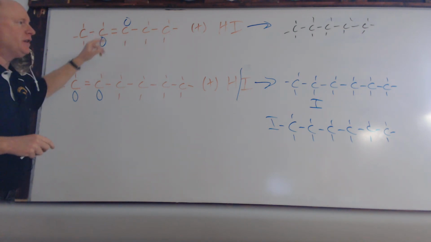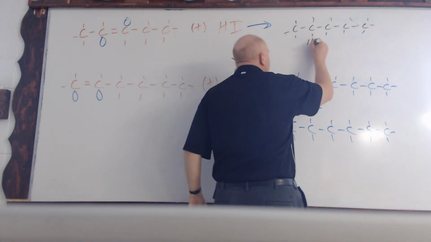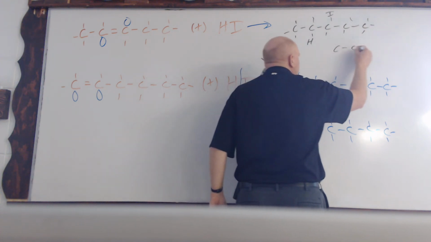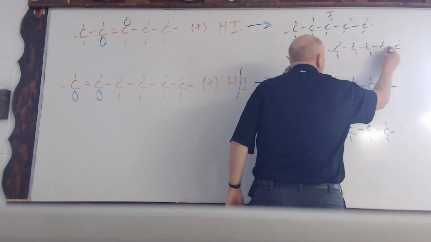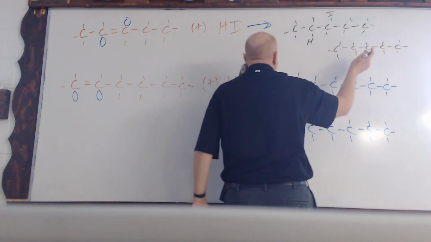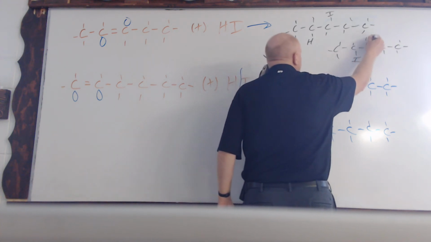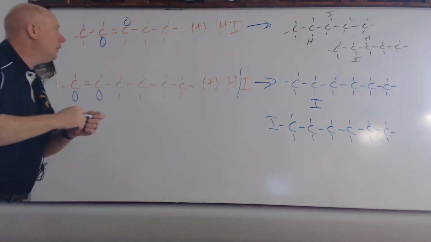They each have the same amount. So we'll just go ahead and put that hydrogen here. This iodine here, that's 50% of it. And then we can also put that iodine down here and that hydrogen up there. That makes up the other half of it. Okay?